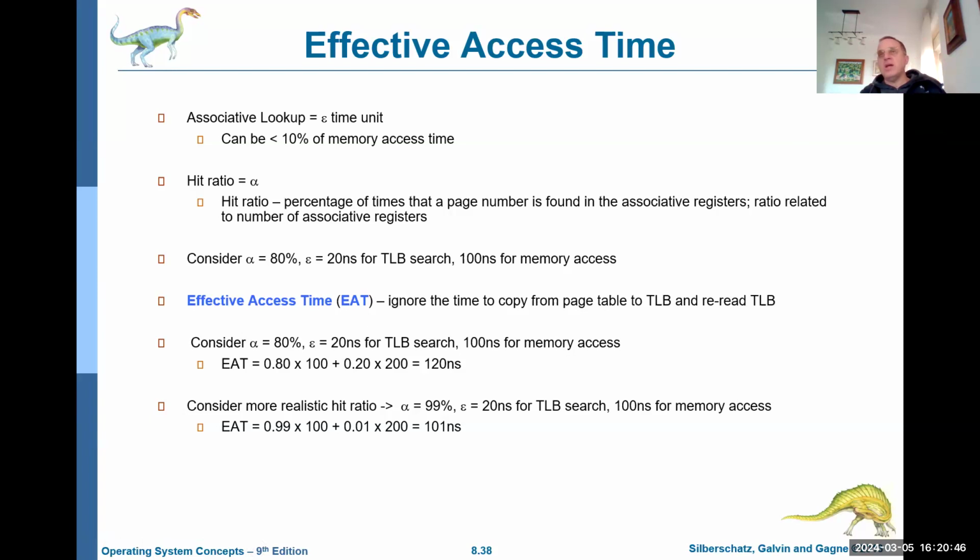So I would actually read twice from the TLB. But we're going to ignore that in this example. So consider an alpha of 80%, an epsilon of 20, and 100 nanoseconds for memory. So what would the EAT be, the effective access time? Well, it would be 80% times a memory read.